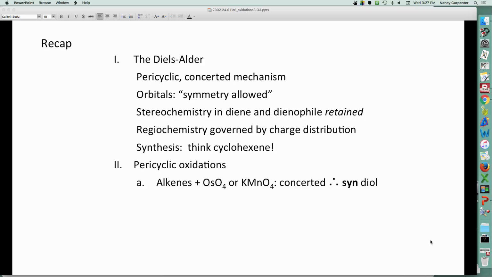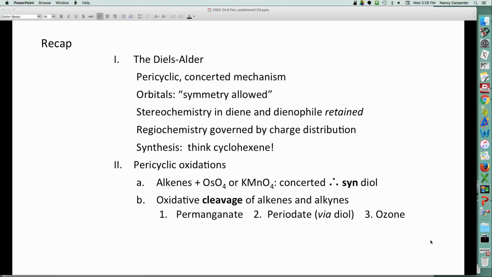For these oxidations, basically the things we learned were, wow, serious oxidizing agents react with electron-rich alkenes to give syn-diols because it's one swell foop. It's concerted. Both of the hydroxy groups have to be on the same side. Now, I can beat up on these electron-rich alkenes or alkynes and hit them so hard that I tear them apart. I can do that with permanganate.